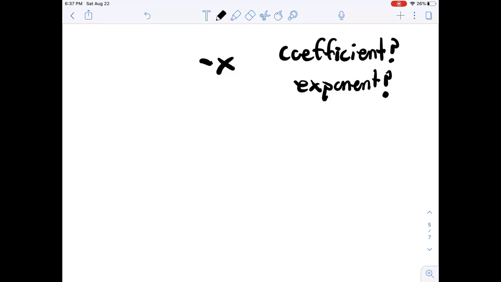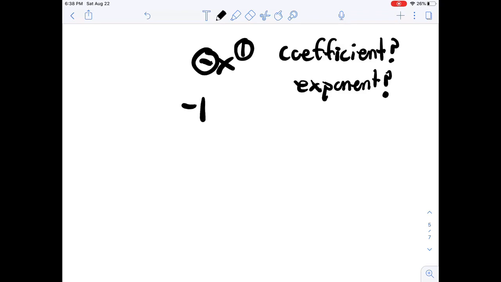If the exponent on any number or variable is 1, you don't have to write it down. So the exponent on x is 1, but it's just not shown. And the coefficient is -1 in this case because there's a negative sign in front of the x. And again, the 1 is there, but it's just not written down because it is being multiplied by x.